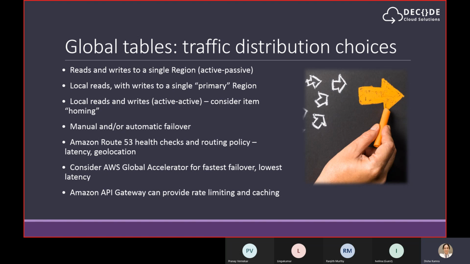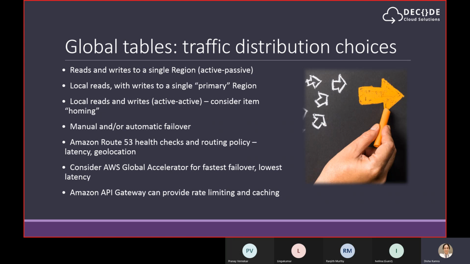But due to the eventual consistency of global table replication between the regions, we need to be more careful when using conditional writes, an atomic locking pattern, or multi-item transactional reads. We need to make all the write operations behind these activities in a single region.